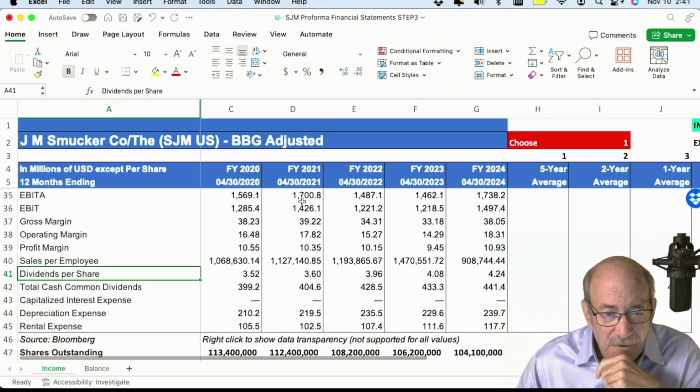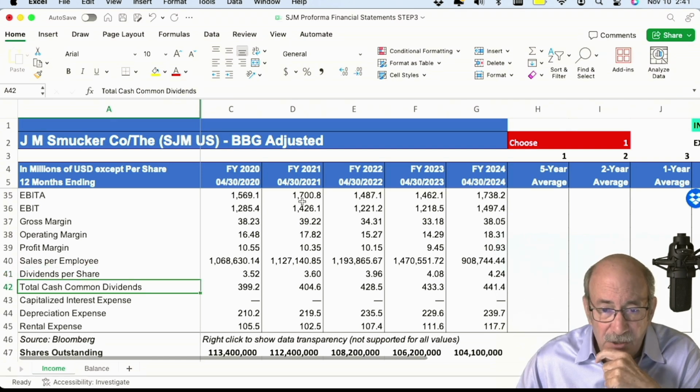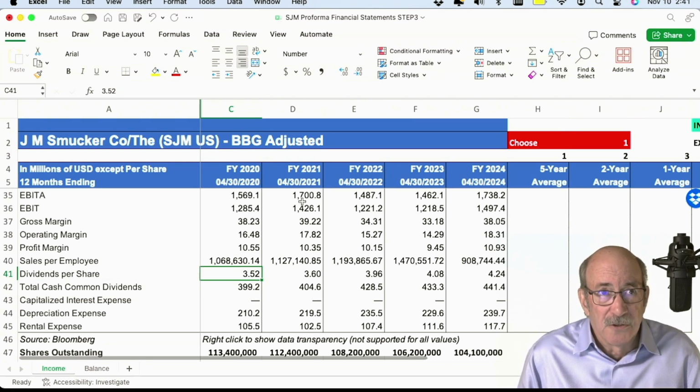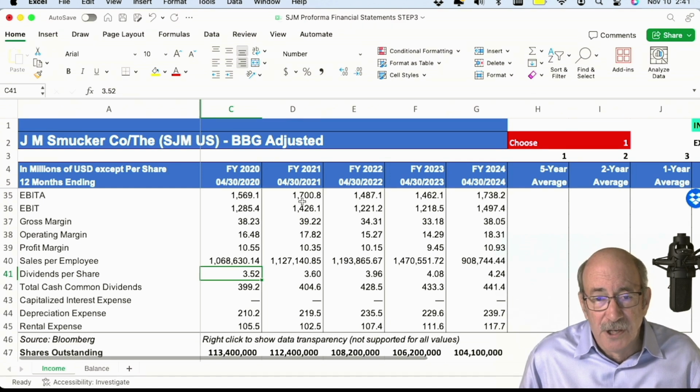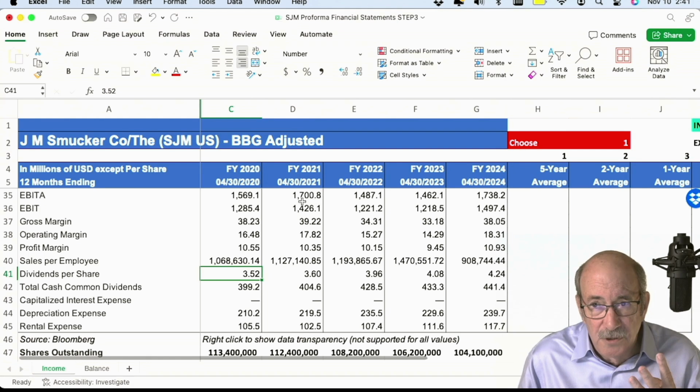And here we have dividends per share. This, by the way, comes off of Bloomberg. So we've got dividends per share, and we have total cash common dividends. And this value is $3.52 per share, the dividend that was paid in fiscal year 2020, probably in 4 separate dividend payments, so 352 divided by 4.